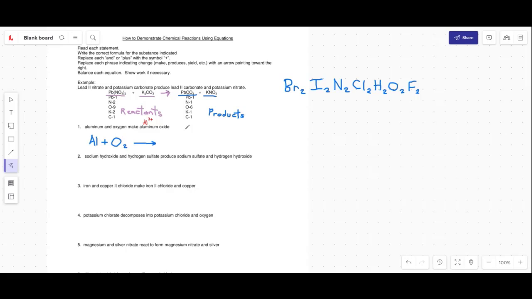And what's the charge of oxygen when it's part of an ionic compound? Yeah, it's 2 minus, right? So if aluminum's a 3 plus and oxygen's a 2 minus, what will be the formula then for aluminum oxide?